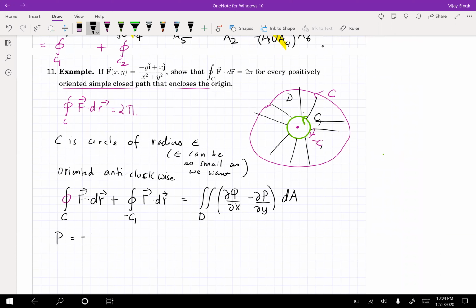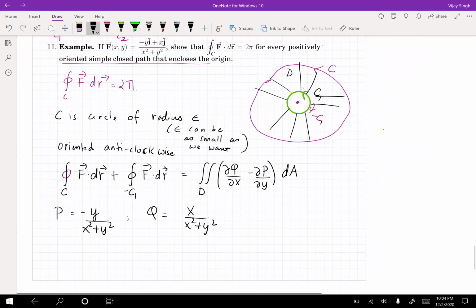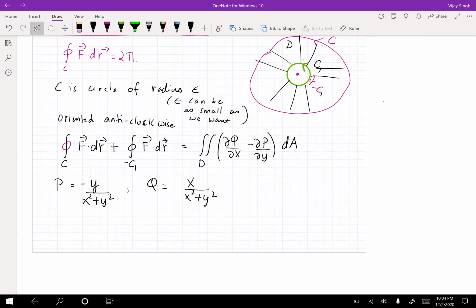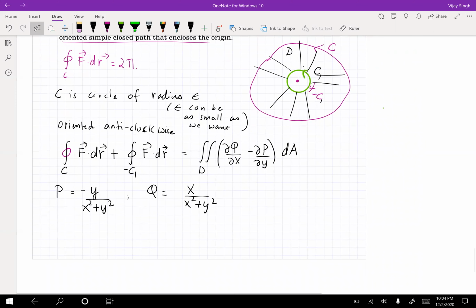Now note that we already have proved that for this guy here, P is going to be minus Y over X squared plus Y squared, and Q is X over X squared plus Y squared. So we have already proved it. This is a very interesting example, right? Because it's not a conservative vector field. But we have proved that dou Q by dou X minus dou P by dou Y is 0.